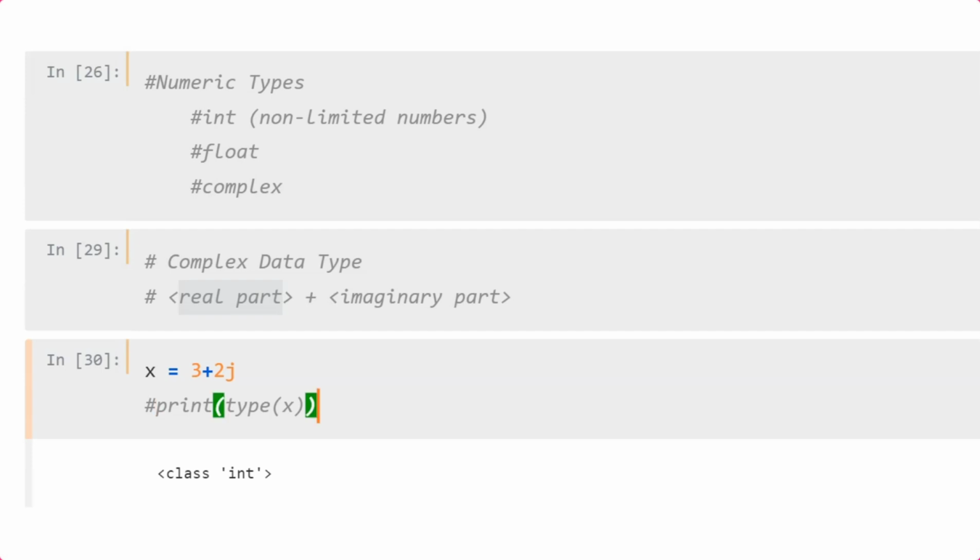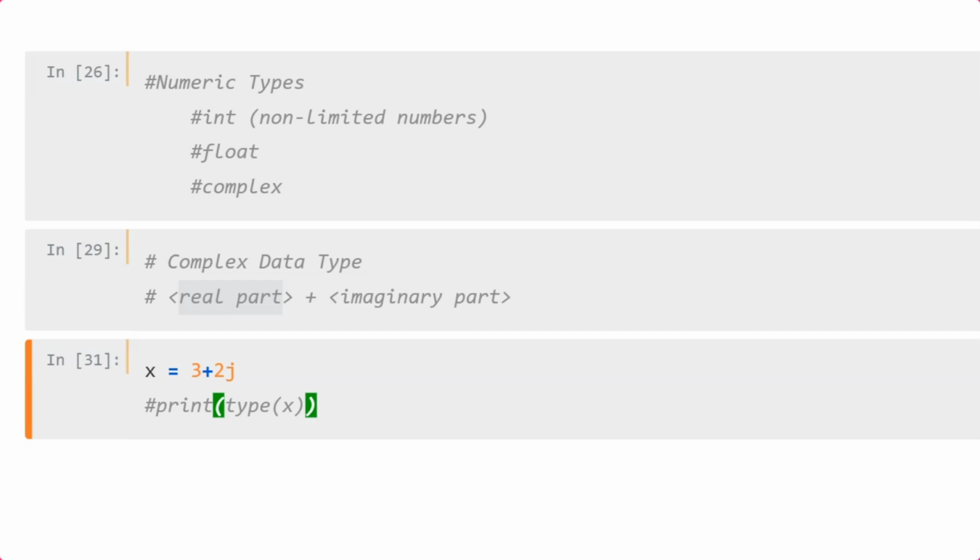But coming to the execution of this code, the interpreter is not complaining about this statement. The reason is the interpreter can understand that this x is holding a complex type of value. So built into the interpreter, these types of values will be categorized into a complex type. And again, the complex type comes under the family of numeric.